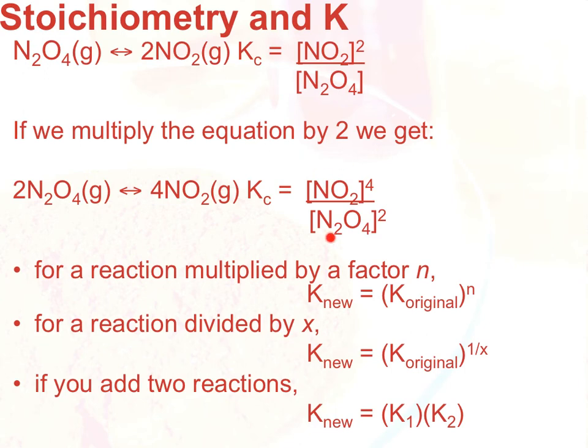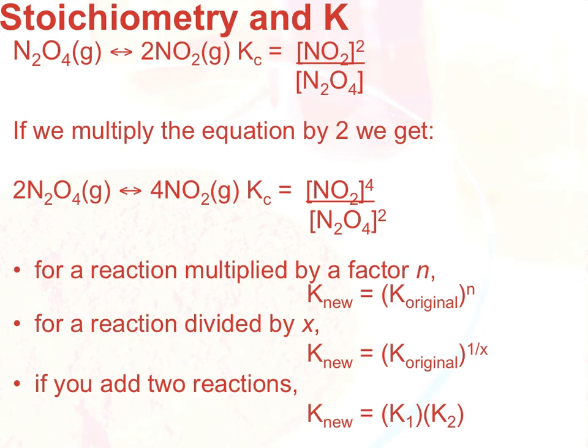We could subsequently plug in our numbers as well and find our equilibrium constant value for this new multiplied through reaction. Now, if I knew the original Kc of the reaction when it was unmultiplied, I could utilize a shortcut here in order to find out the new equilibrium constant.